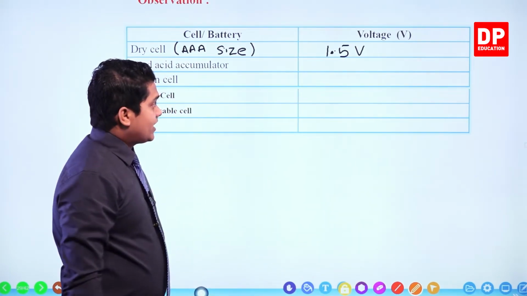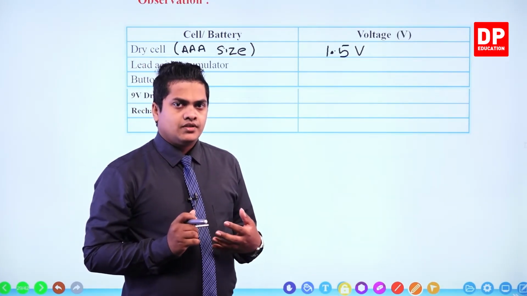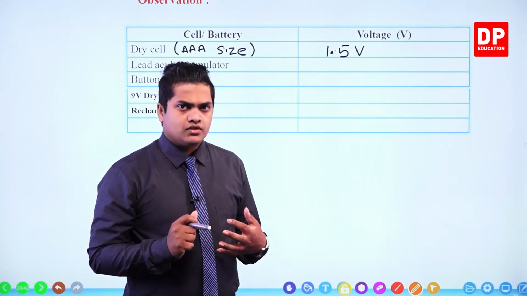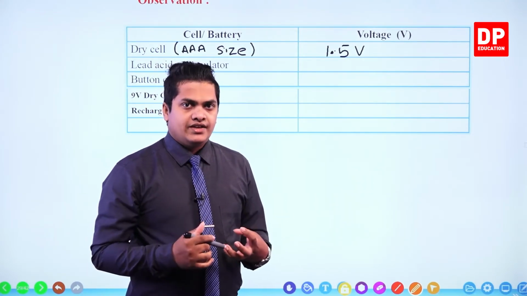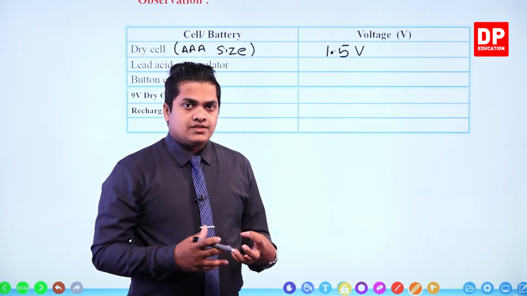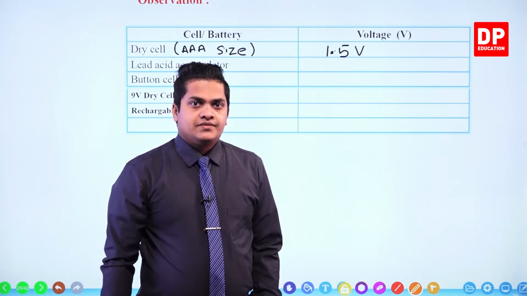In a lead acid accumulator, there was about 12.7 volts, right? About 12.7, 12.6 volts. But usually in a lead acid accumulator, the most correct answer is 12 volts.